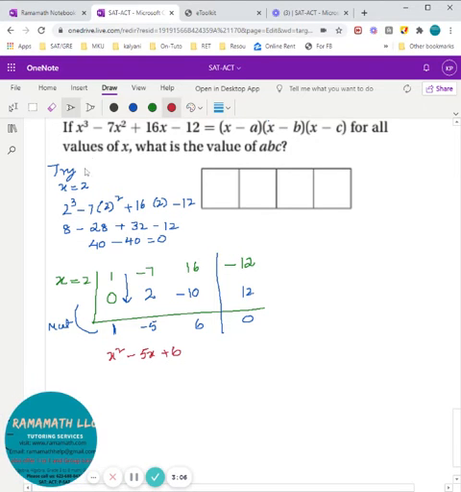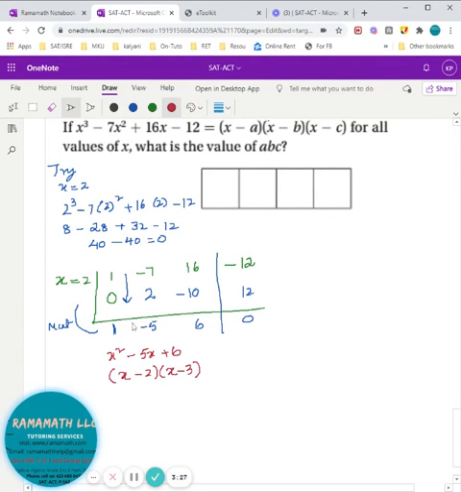Because why? We started with the cube, you're dividing by the 1x, so you end up with x squared. Now find the factors for this. We just did that: x minus 2, then x minus 3. And these are the factors for this.